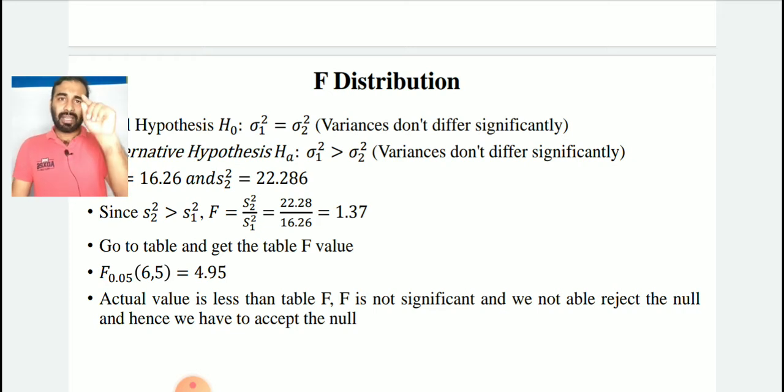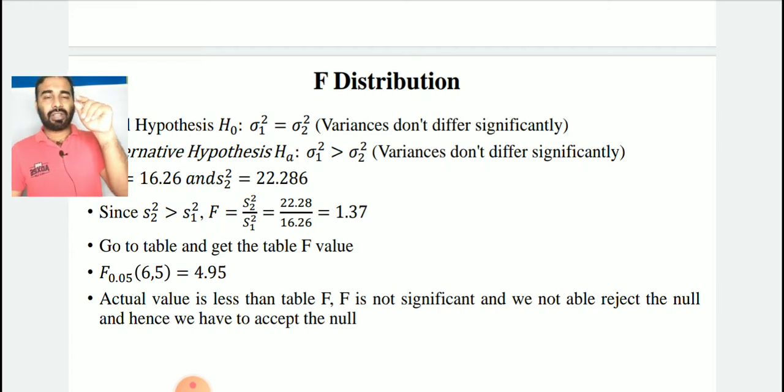Here our level of significance is 0.05. It is not 0.025 because this is not a symmetric test. It is always skewed to the right, so there will be only one tail.